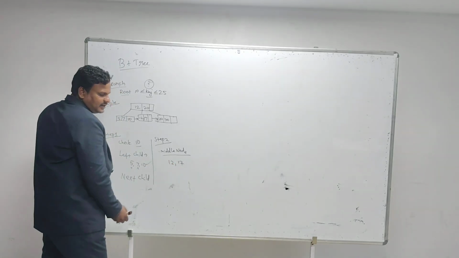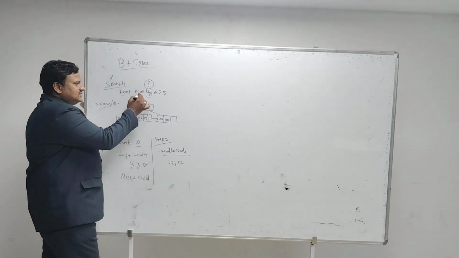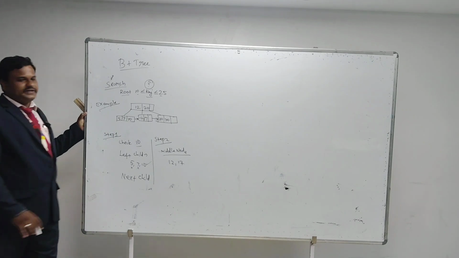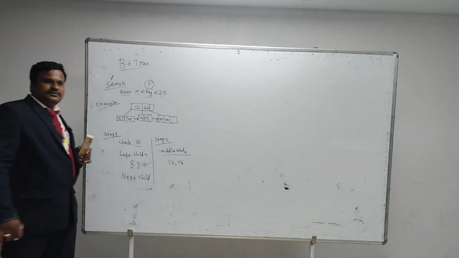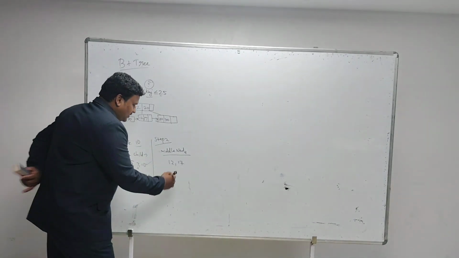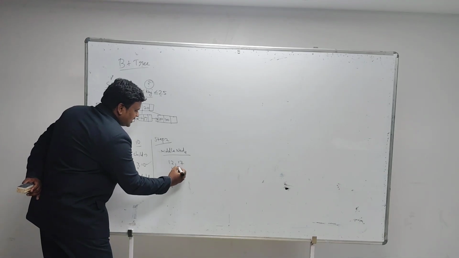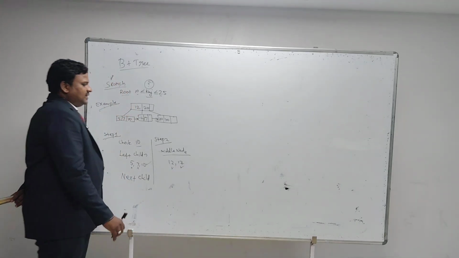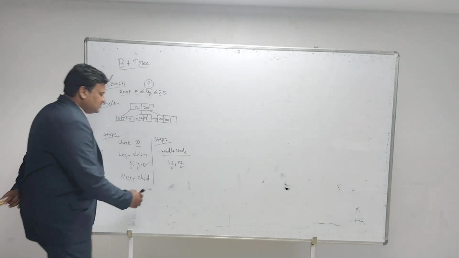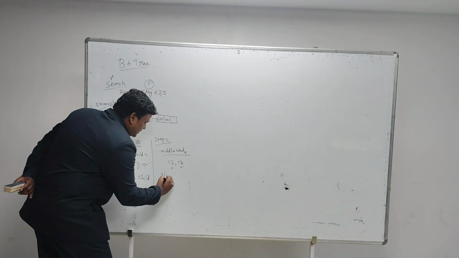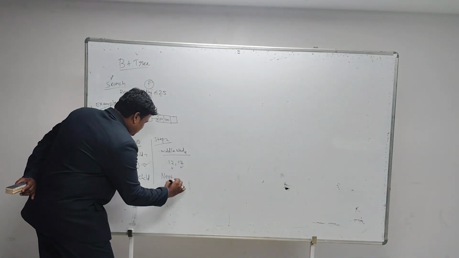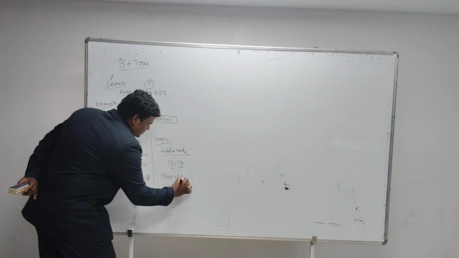We check with the conditions, that it falls between 10 and 25, and both keys are satisfying this. Okay, so we take both keys. Then we move to the next node.